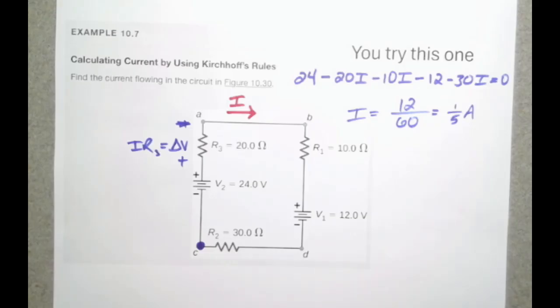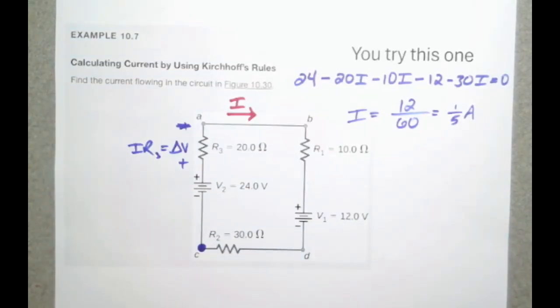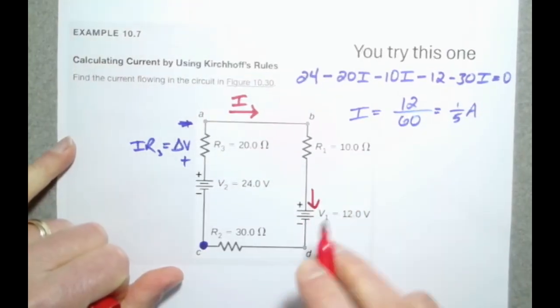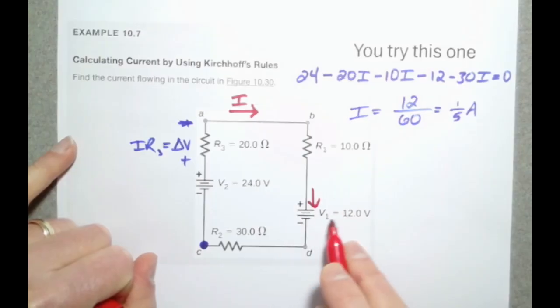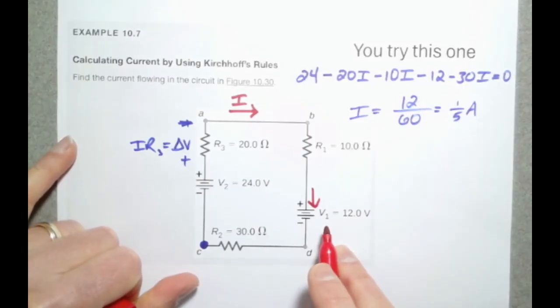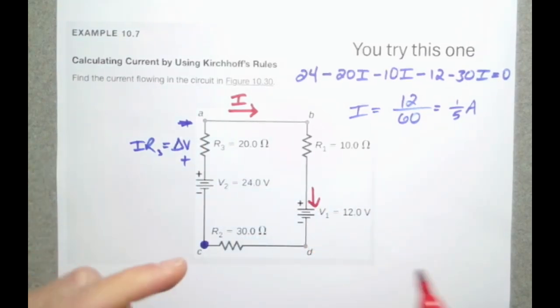So if you're curious, what's happening in this circuit is this battery is sending current into this battery. And so this would be kind of like a rechargeable battery, right? It would be absorbing power from this one as it gains energy.